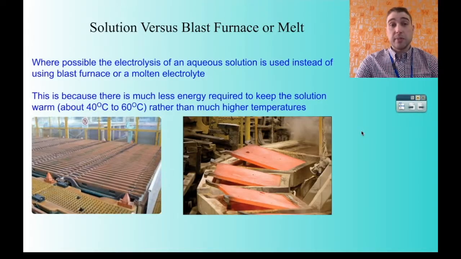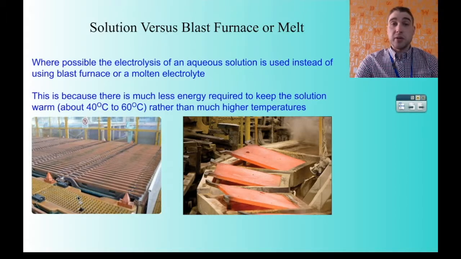So one of the things you need to talk about is using a solution versus the blast furnace or a melt. If you can, you use an aqueous solution, because an aqueous solution is very cost effective. The solution that you have, and this is for copper production down here, is only kept at 40 to 60 degrees Celsius, so that doesn't require a lot of energy to do.